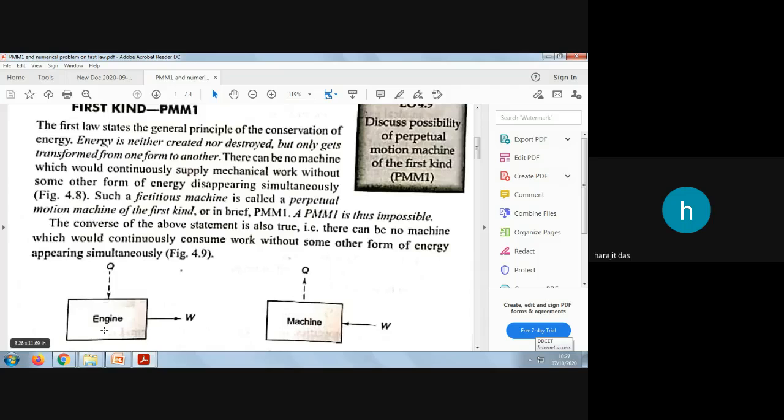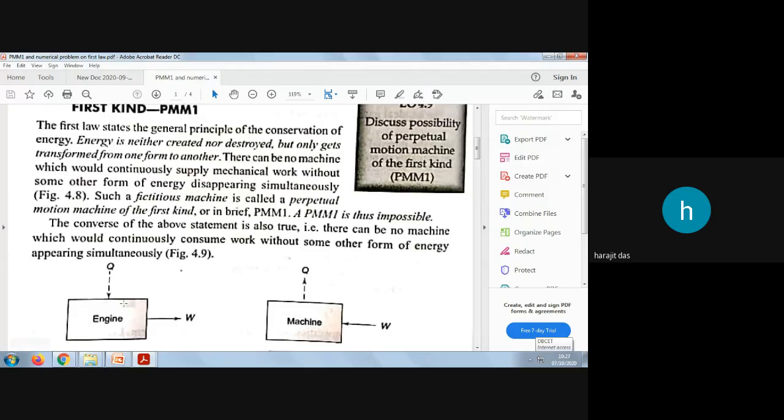If it happens that, without introducing any external energy, you are just producing work, then that imaginary machine will be called PMM1, perpetual motion machine 1. See, there can be no machine which would continuously supply mechanical work without some other form of energy disappearing simultaneously.